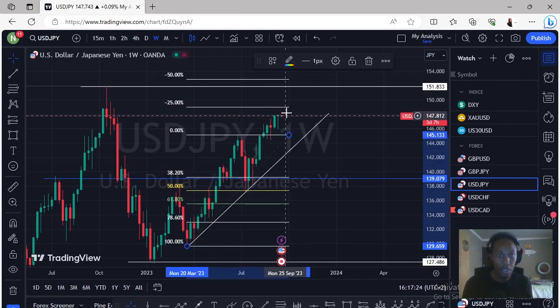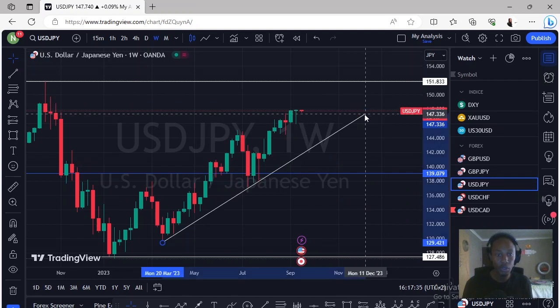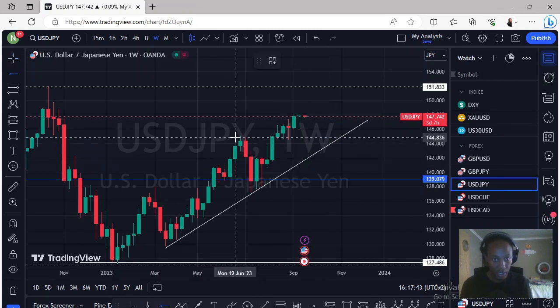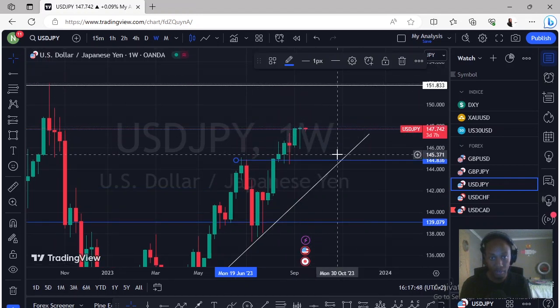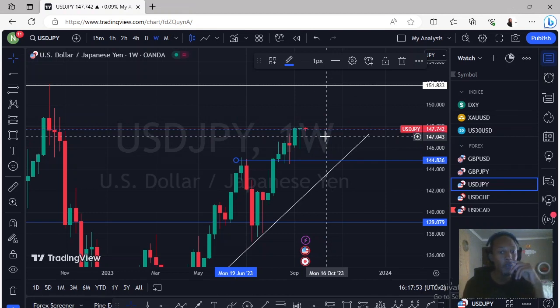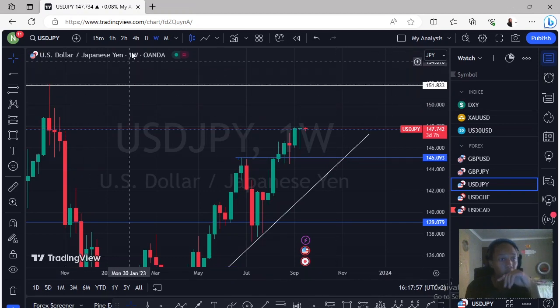There can still be heavy moves before we retrace back to create another swing low. I don't see it going down heavily. If ever it heads down, it might come to this area or something. I don't wanna be a master of prediction, but overall I'm buying this instead of selling it.